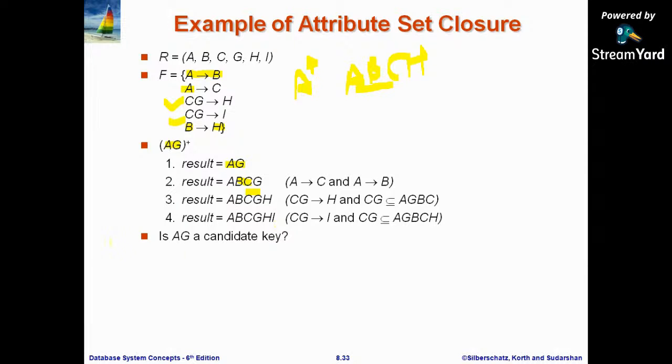Now you have to check: calculating the closure of an attribute allows you to check whether AG is a candidate key or not. Such questions are also asked in the GATE examination. For a given set of functional dependencies, how will you calculate the candidate key? You first take some attributes and find out the closure, AG plus.